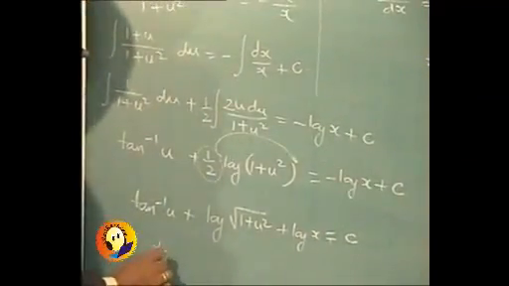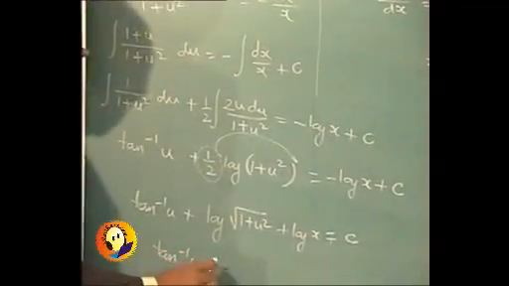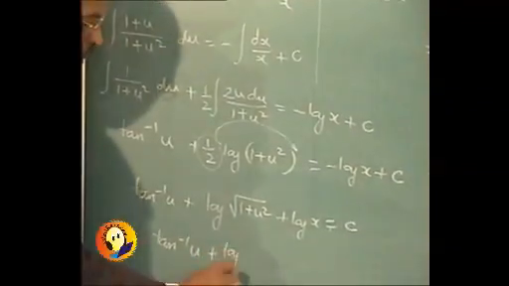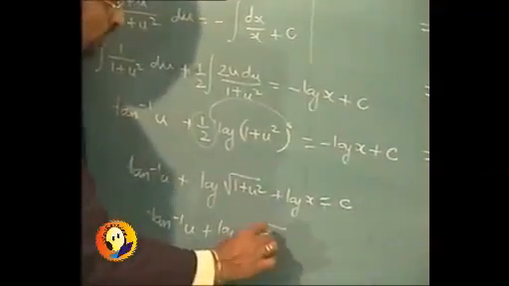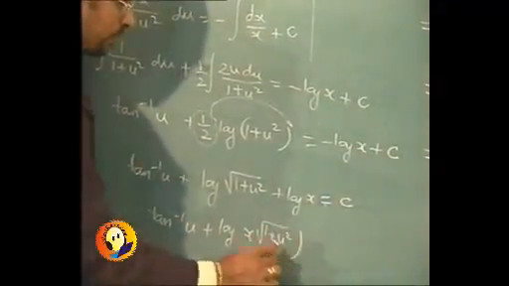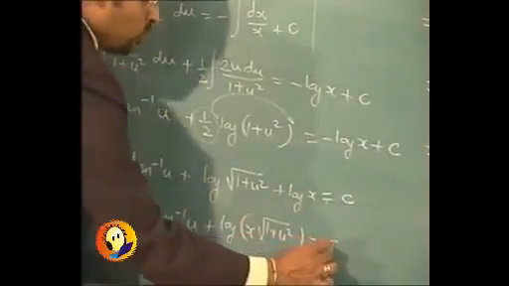So it will be tan inverse u plus log of x under root 1 plus u square equal to constant.